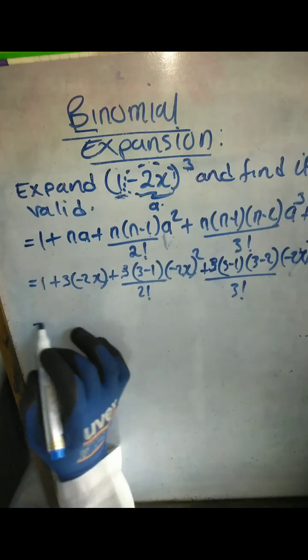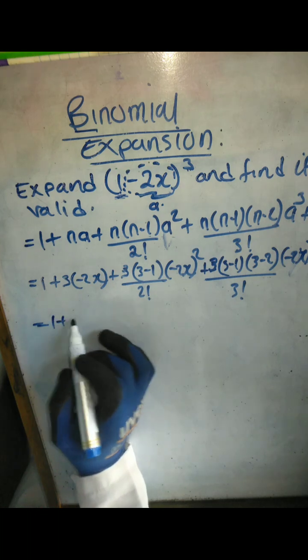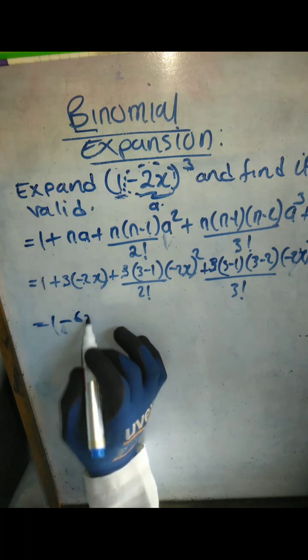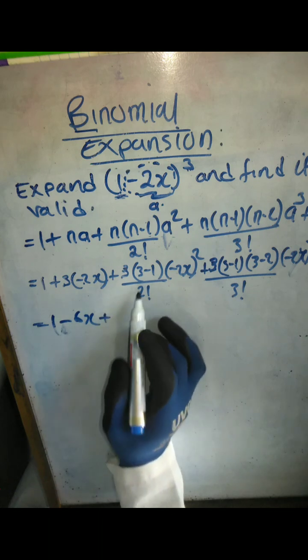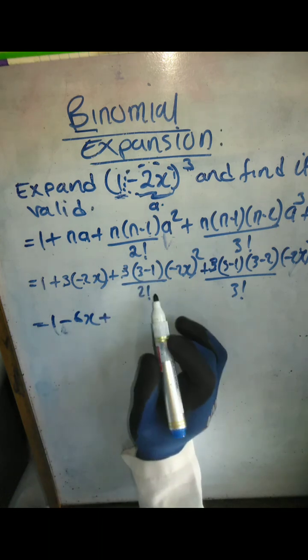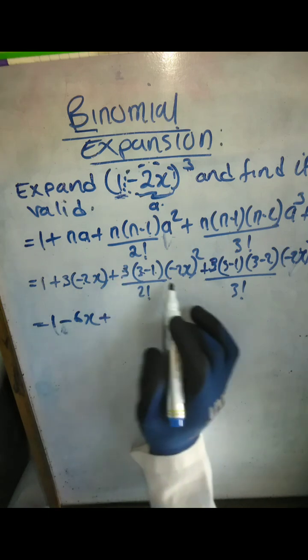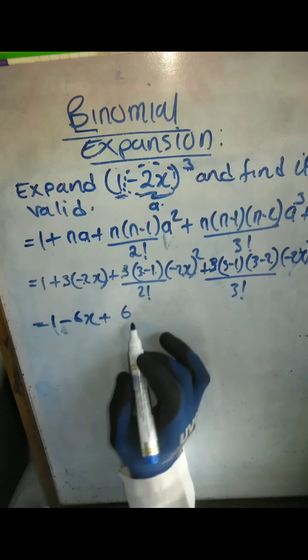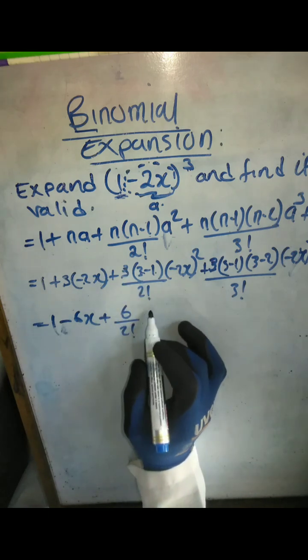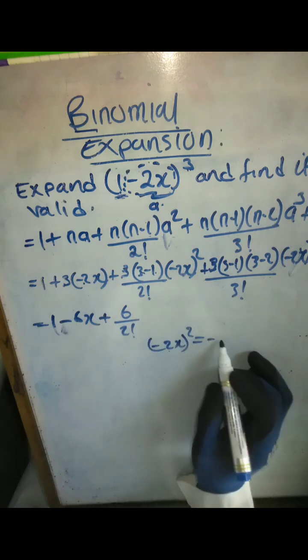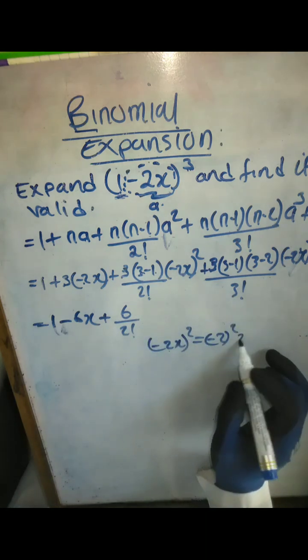So this now gives us 1, minus 3 times 2, it's negative 6x, then plus 3 times (3 minus 1), that's 3 times 2, it's 6, so we get 6 over 2 factorial, then negative 2x squared, which is the same as negative 2 squared times x squared.